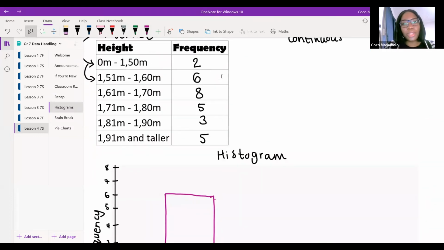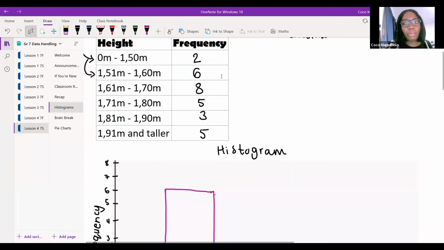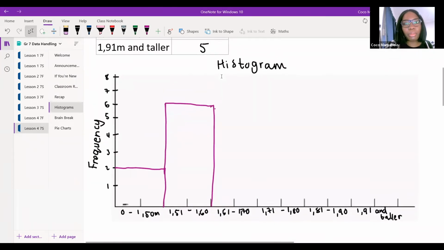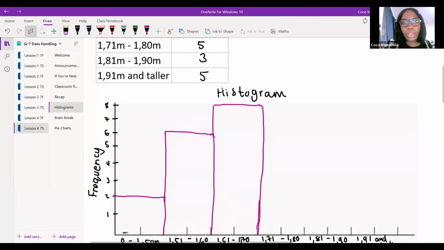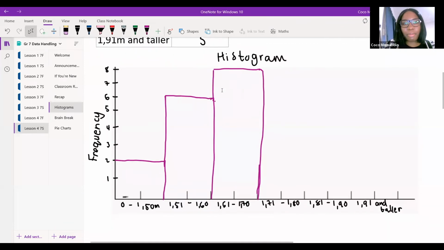That usually helps. Okay, 1.61 to 1.7 is 8 people. So all the way up here. Let's see if I can do it right. There we go. Okay. And then 1.71 to 1.8 is 5 people.